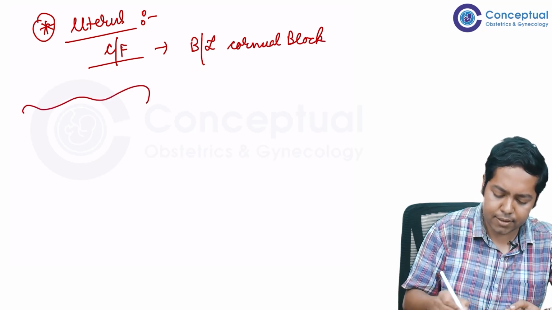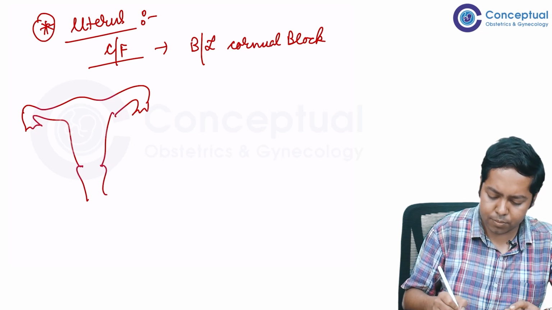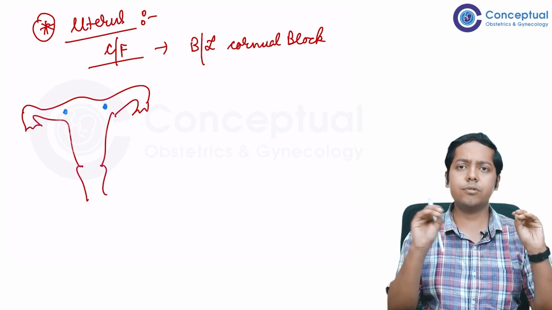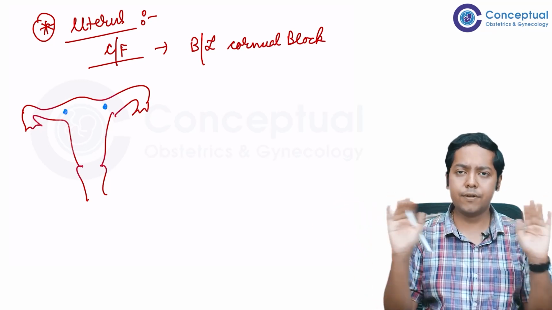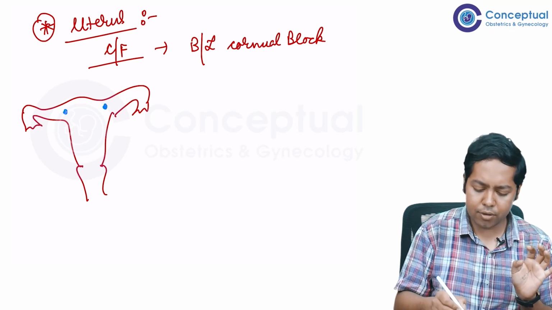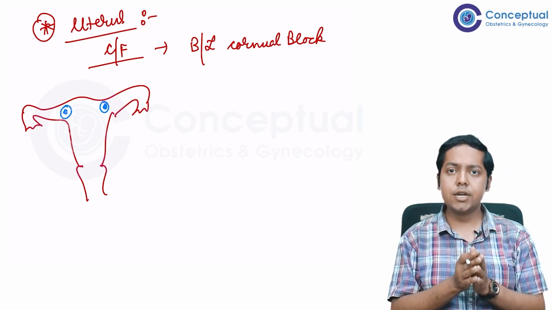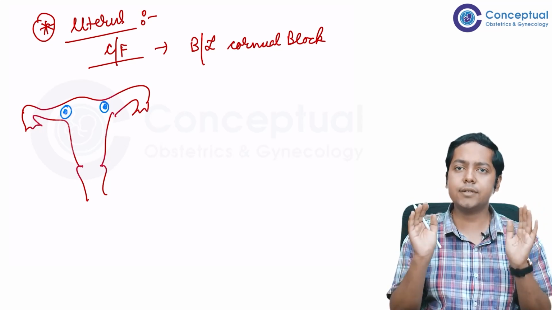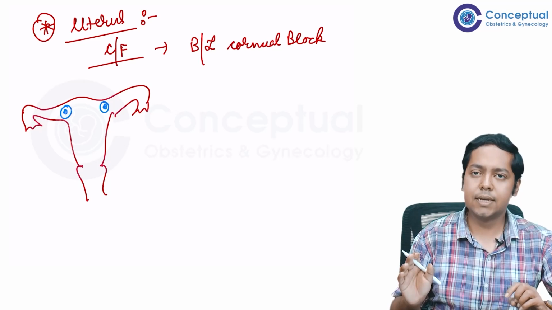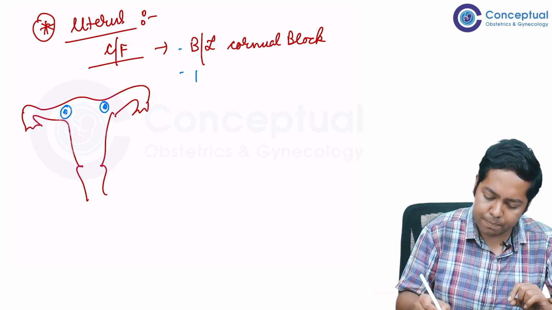Because if you consider this as the uterus, the part of the uterus which is most affected is the bilateral cornua, because in almost 90 to 100% of cases the tubes will be affected, so the intramural part of the tube will also be affected. So the ostia or the cornua are the most common site of affection of the uterus. So bilateral ostial or proximal tubal block is seen in genital tuberculosis.